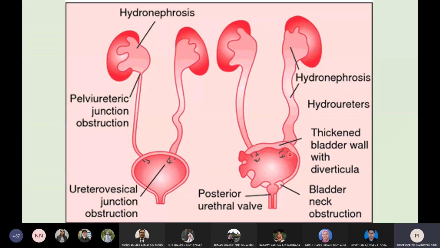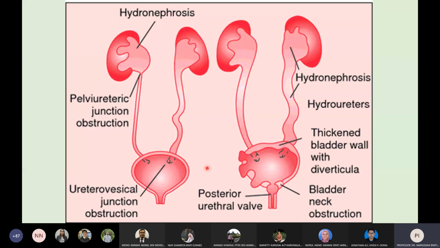This will lead to obstruction starting from here and upwards. You have thickened bladder wall, you have hydroureter, you have hydronephrosis. So this is more localized. These are more severe, more extensive involvement if the obstruction is lower down. I hope you can make this out.